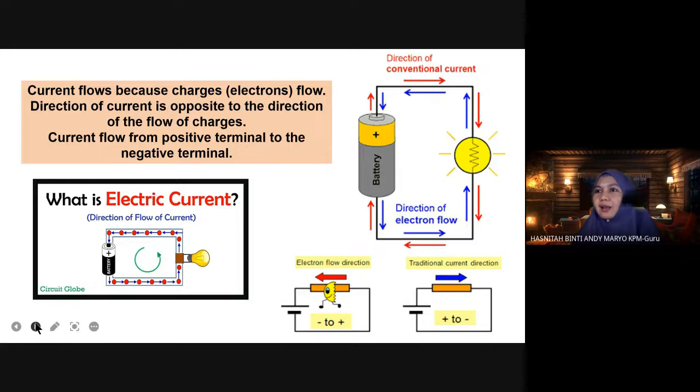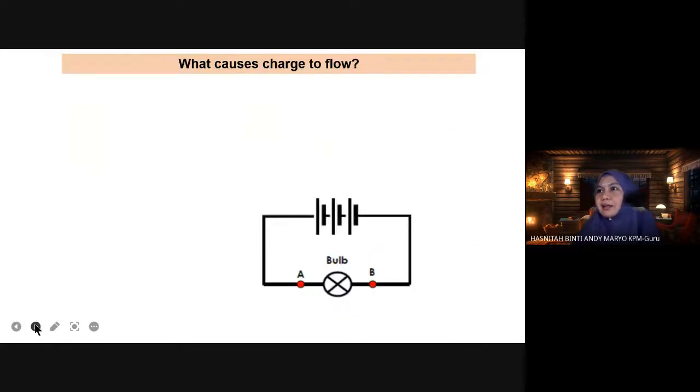Next. Let us take a look at this example. What causes charge to flow? Now we go back to the beginning. You know current flows because charge flows. Then back to the basics: what causes charge to flow? Actually, I mentioned it just now. If you listened earlier, I told you. What enables the electron or the charge to flow?